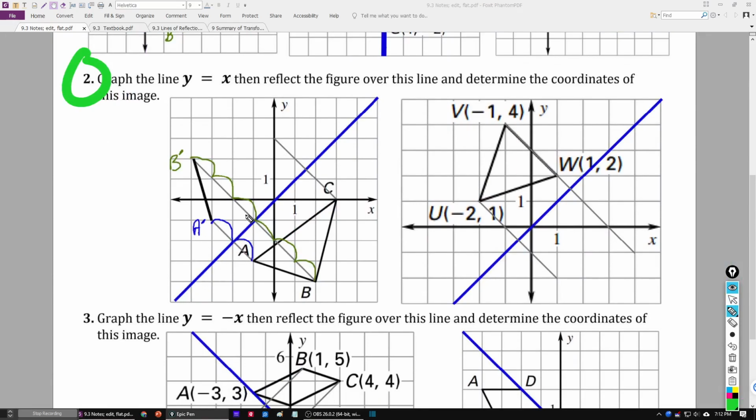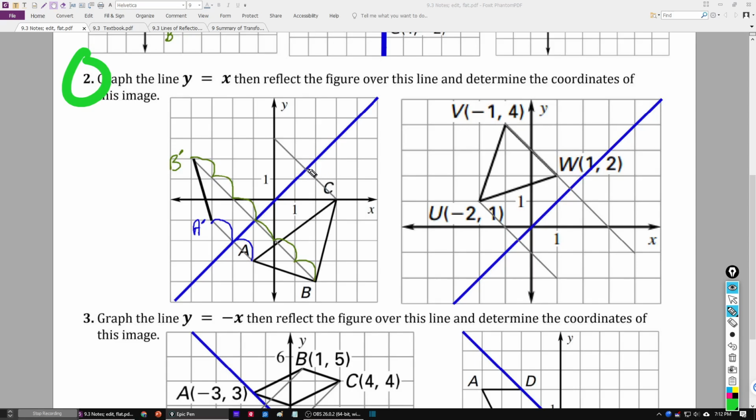Okay, so you are ready now to do number 2 on your own. I've given you some little hints here. In the gray, those are your lines of sight that are perpendicular to this line of reflection of y equals x, and we're counting diagonal blocks. Same thing here. I've started you off with point C. Here's your line of reflection.